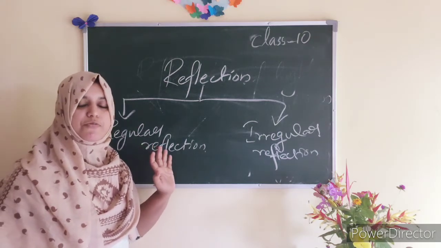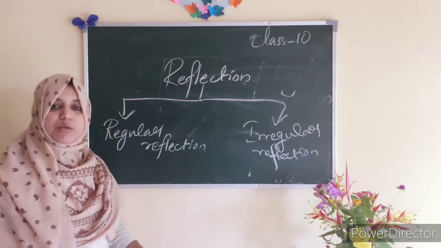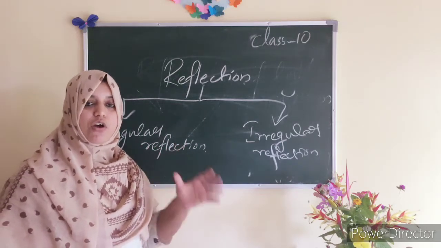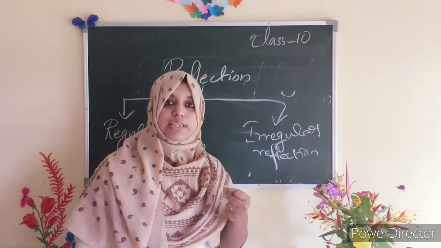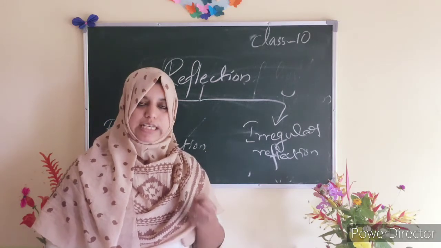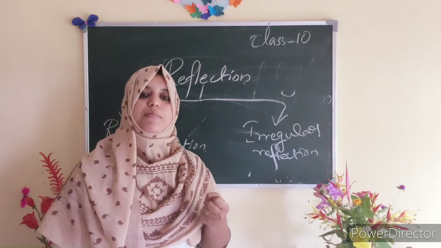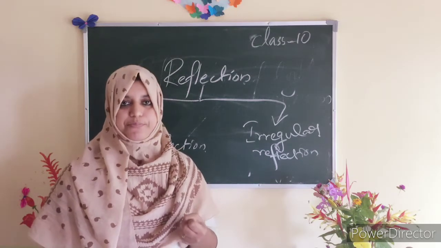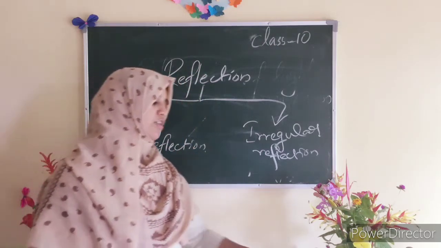Regular reflection of light means if a beam of parallel rays falls on a smooth and highly polished surface, then the reflected beam is also parallel and it moves in a fixed direction. Such type of reflection is known as regular reflection.